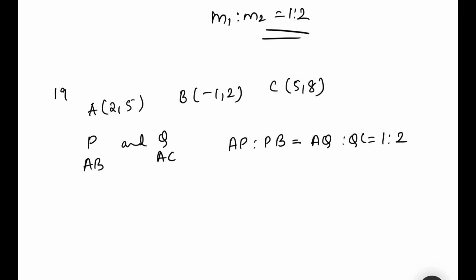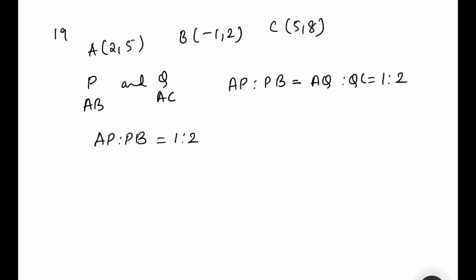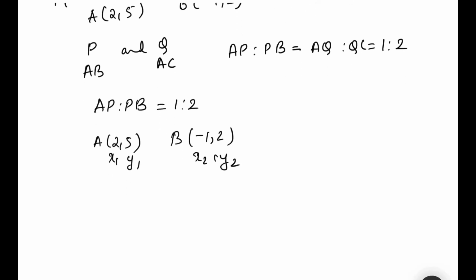So how can you find out P and Q? So AP is to PB, the ratio is 1 is to 2, it's given. So let us use that formula only. If I take A (2, 5) and B (-1, 2), this will be x1 y1 x2 y2. Point P you need to find.